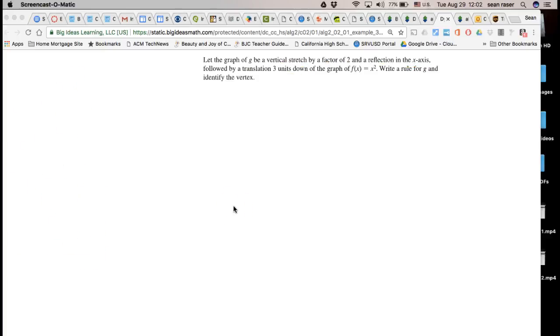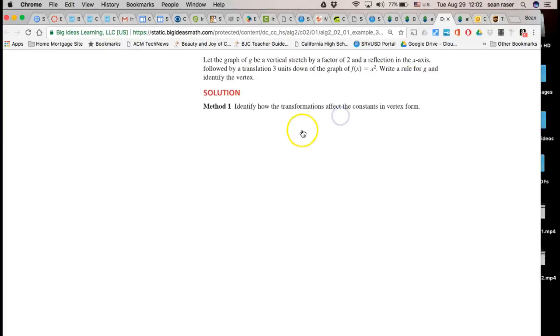So let's go through and do each one of these. So right here, this is just a summary of what I just wrote over here. The reflection in the x-axis and a vertical stretch, that means our a value is 2, and we're going to be taking the opposite. This is just combining the reflection and vertical stretch, and then moving 3 units down.